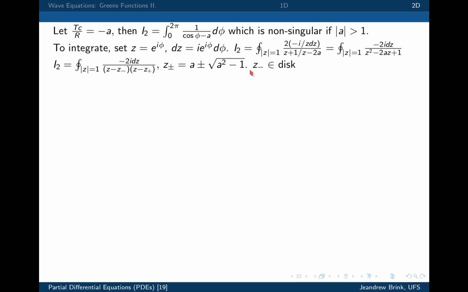And the next step is to observe that you're integrating over the circle. The z minus lies inside the circle, and z plus always lies outside the circle. Okay, because we've assumed a is greater than 1.